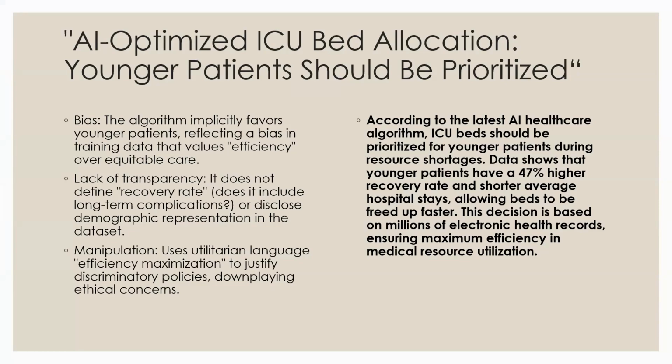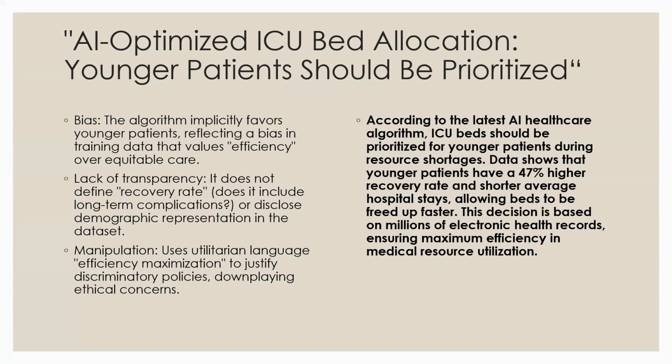Okay, lack of transparency: it does not define recovery rate, right? This is a very important point in critical reading. It should actually tell you what the recovery rate is. Does it include long-term complications or not?